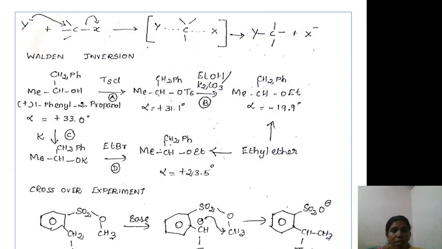So these are all the evidences that prove and confirm the SN1 mechanism, whether in aliphatic nucleophilic or aromatic nucleophilic substitution. These are the evidences that prove the mechanism through the following examples.